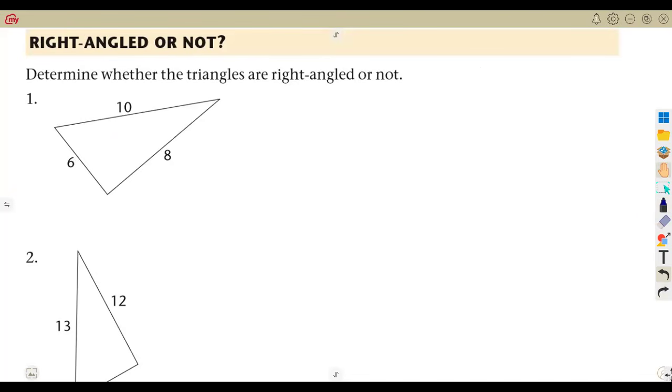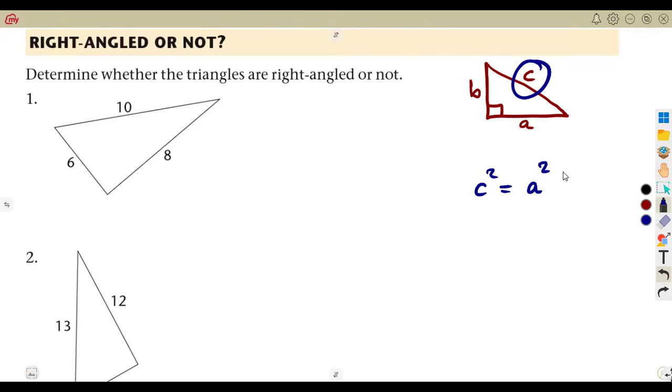Right-angled or not: determine whether these triangles are right-angled or not. If truly it is a right-angled triangle, if this is C, if this is A, if this is B, we saw that the hypotenuse, which is C squared, must be equal to A squared plus B squared.